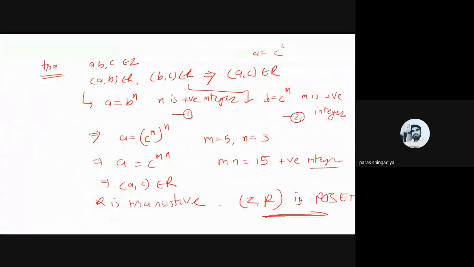These three conditions you have to verify to say it is a partially ordered set. So take the screenshot, and for any doubt, you can ask me.